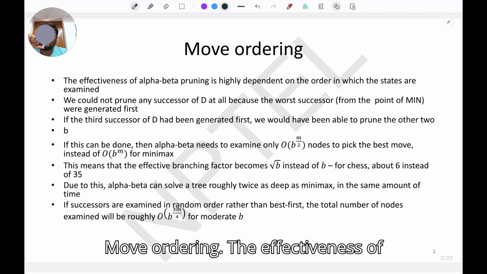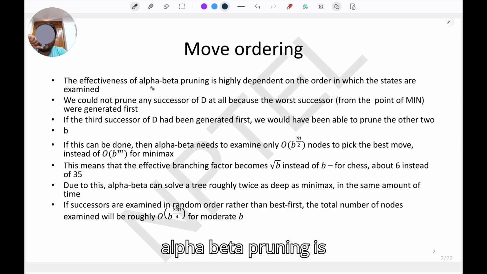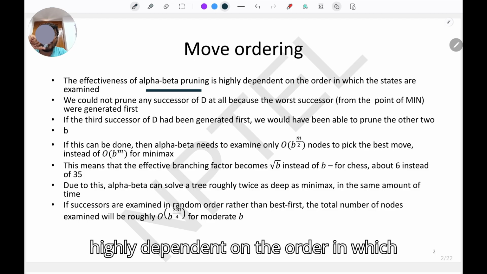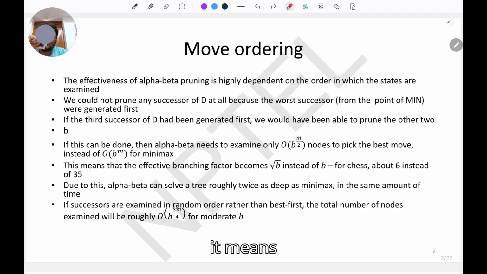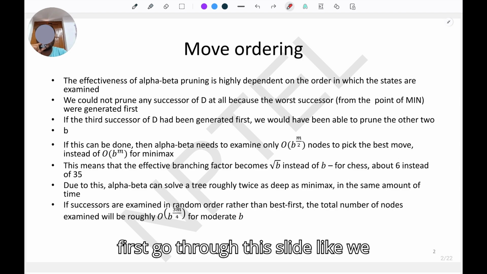Move ordering. The effectiveness of alpha beta pruning is highly dependent on the order in which the states are examined. First, go through this slide.